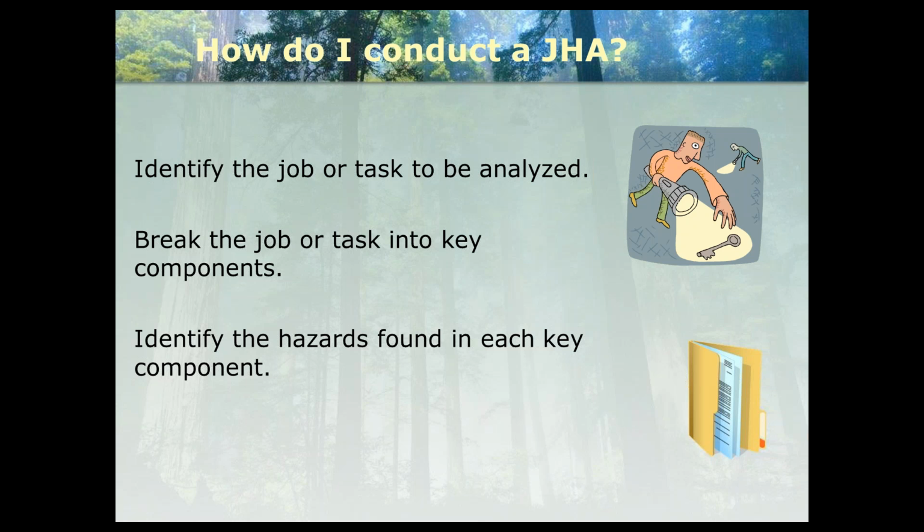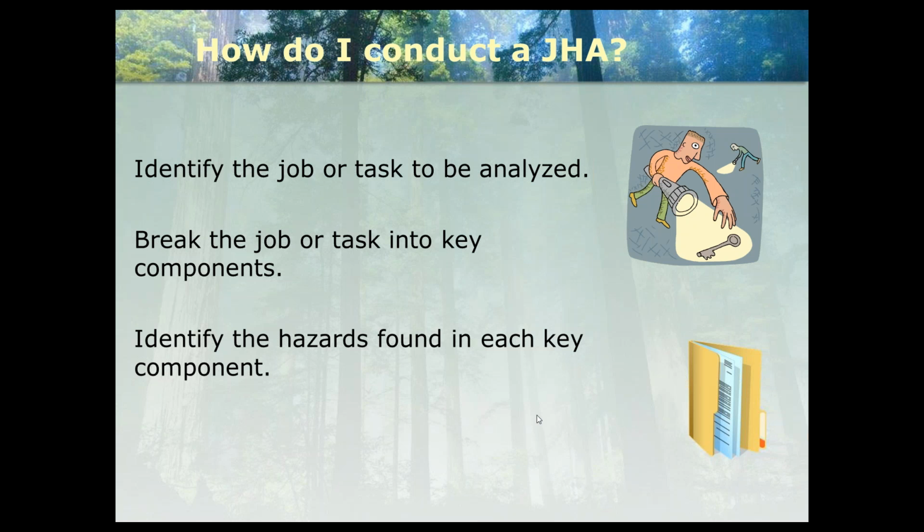So what it does is it kind of reverse engineers the system of how work gets done in a particular area in your business. So you can look at where does it start, where does it end, and break it into smaller parts, step one, step two, step three. Then you identify with step one of a specific job what hazards are found in each key component. So what hazards are associated with step one?